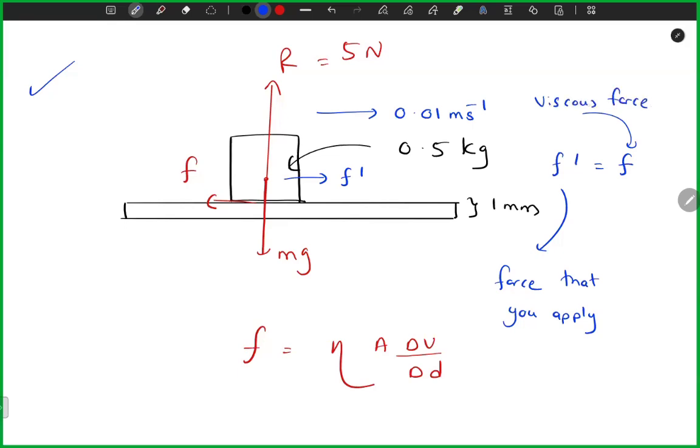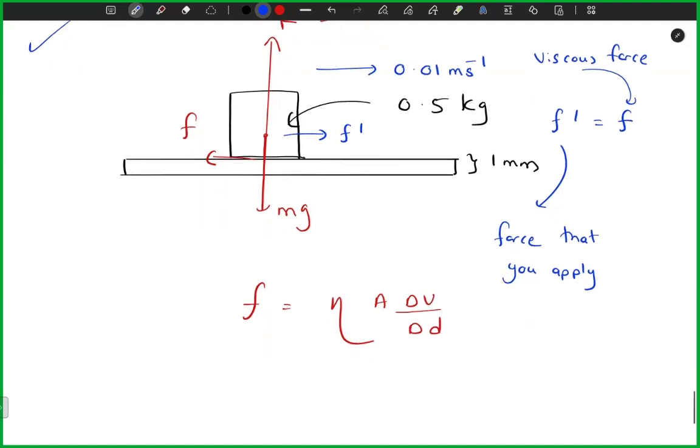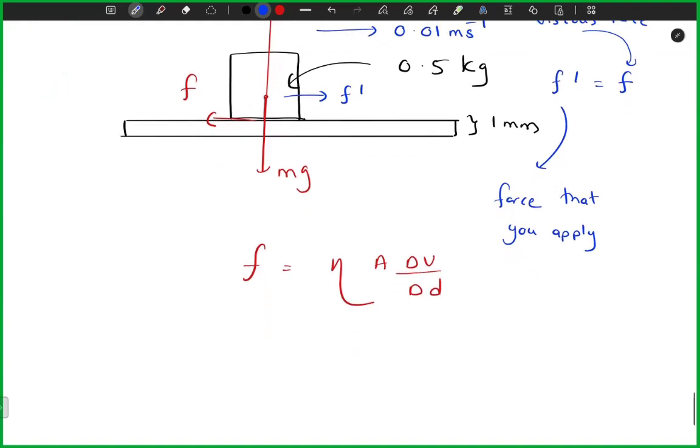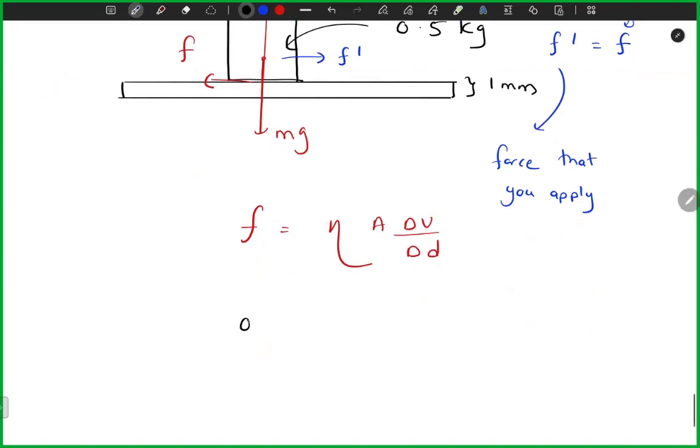When there is no resultant force, the velocity remains constant. That means the viscous force here is equal to the applied force, that is 0.05. So now we have a viscous force of 0.05 newtons, and then what is eta? That's what we have to find out. The effective area of contact of the block is 1 times 10 minus 2, and the velocity difference is 0.01 minus 0. This layer has a velocity of 0.01, and the bottom layer is 0.